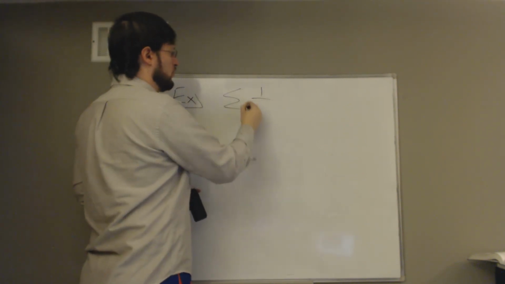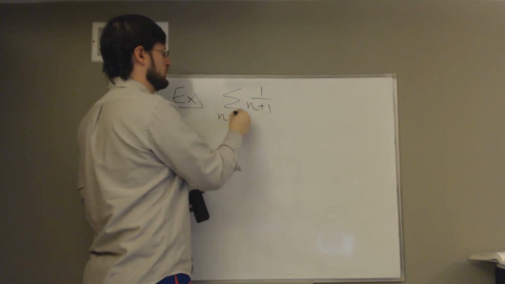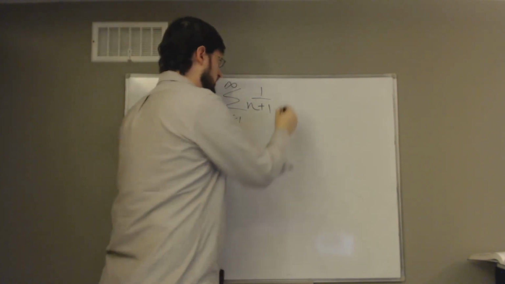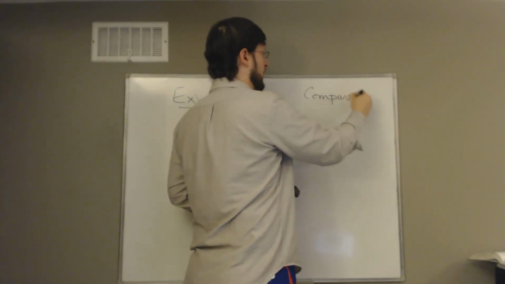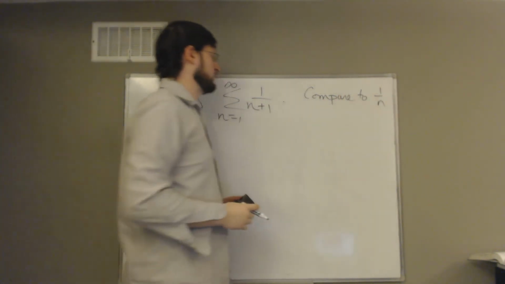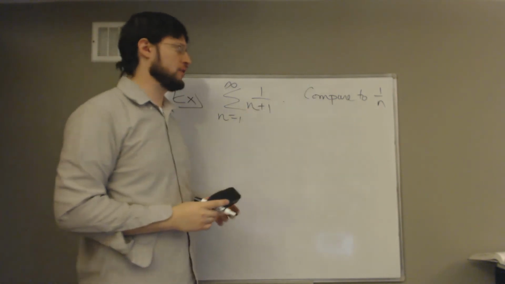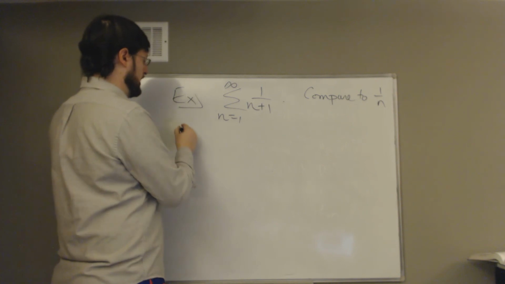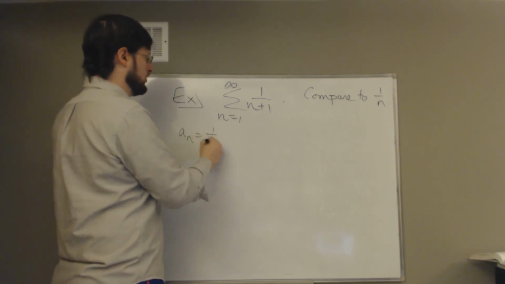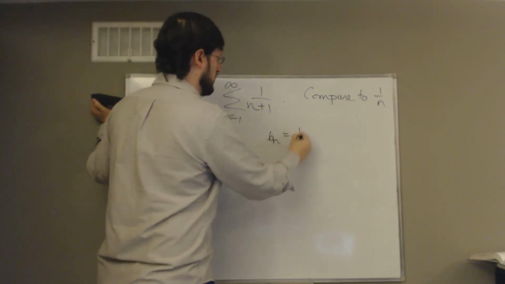And let's start with the one that we began with. The sum of 1 over n plus 1. So we want to limit compare this to 1 over n, because we feel like it behaves just like 1 over n. So we're going to let an be 1 over n plus 1 and bn be 1 over n.